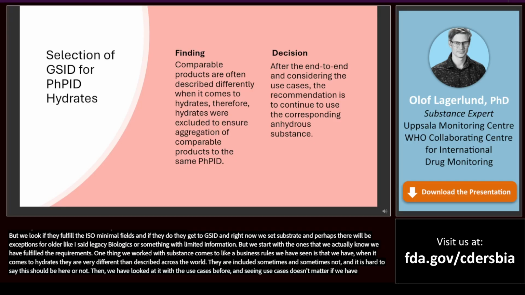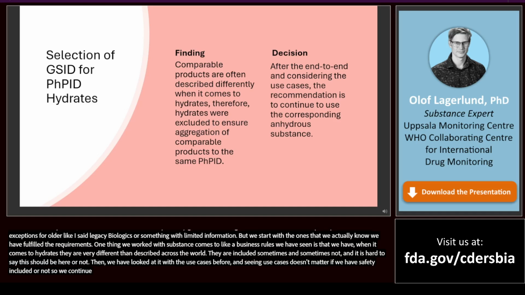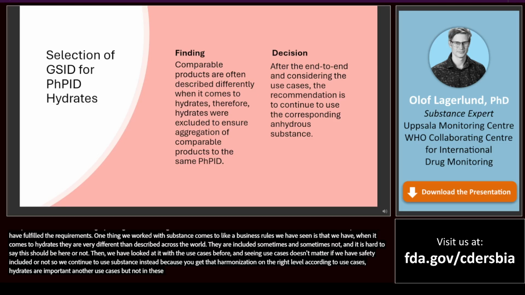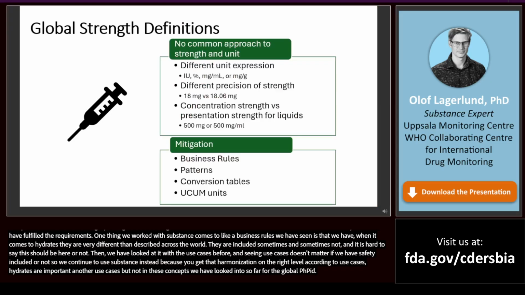So we continue to use the anhydrous substance instead, because then you get that grouping, that harmonization on the right level according to the use cases. Hydrates are important in other use cases, but not in these ones that we have looked into so far for the global PhPID. So that was a bit about the substance, and moving on to strength.